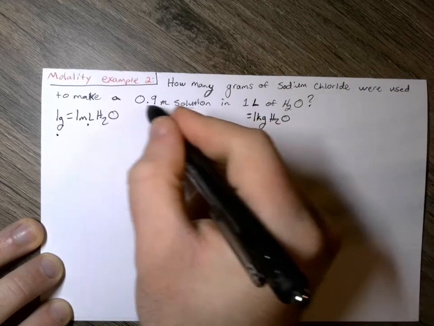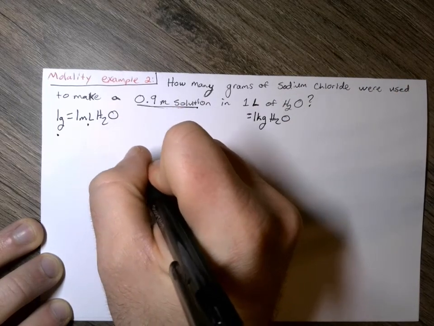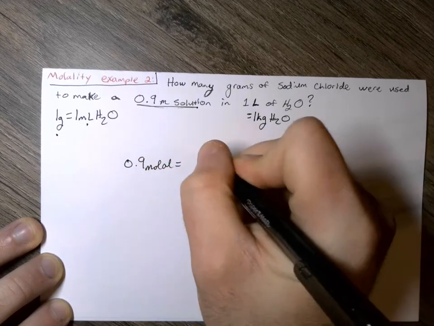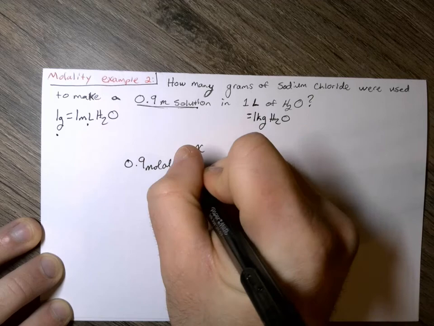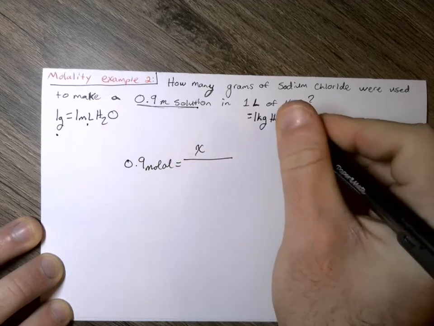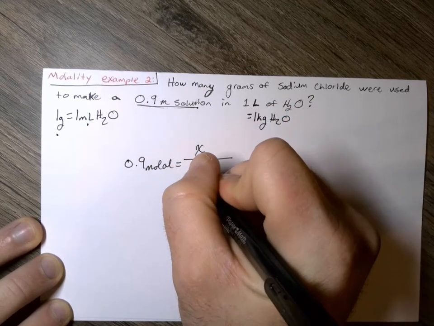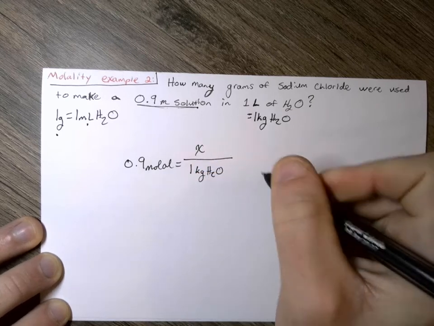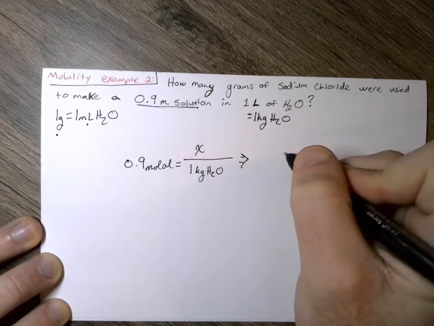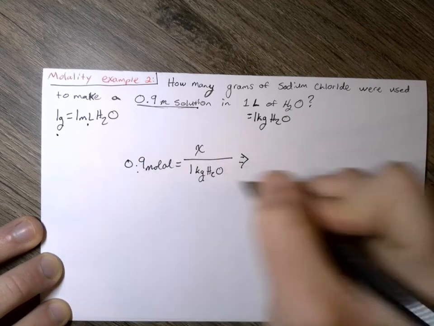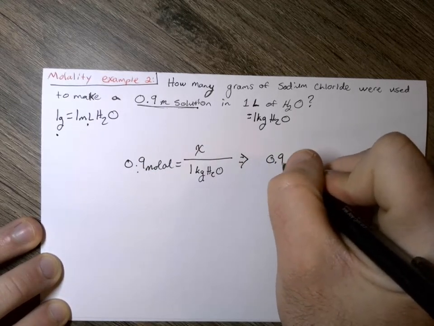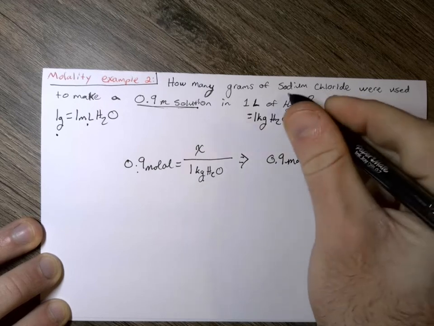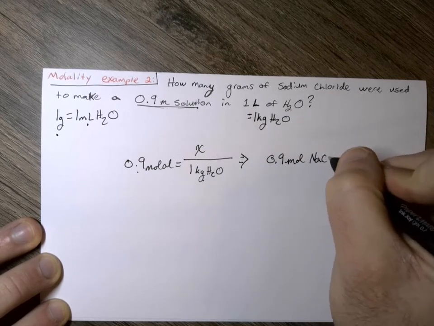This is my concentration, so I have 0.9 molal equal to an unknown amount divided by 1 kilogram of H2O. So that means I have 1 times 0.9, which is 0.9 moles of our unknown, which is NaCl.